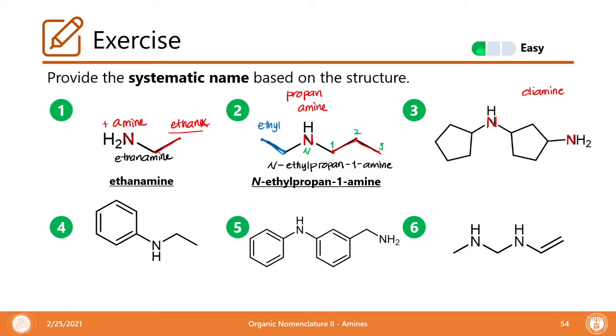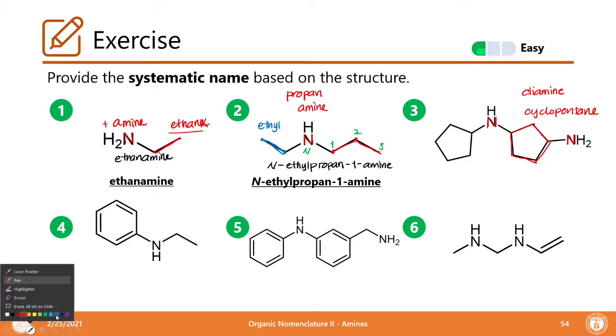And we must choose the parent chain that contains the most carbons and also contains the most number of parent functional groups. So we cannot choose this one because it has only one amine connection. We have to choose this cyclopentane group. So that would be cyclopentane diamine.